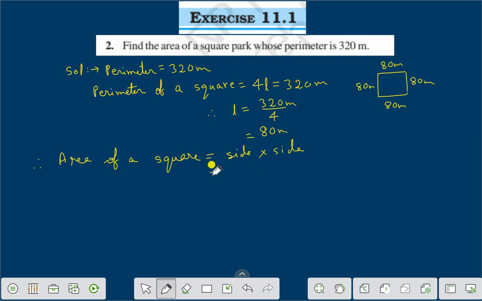Therefore we are getting side is 80 meter into 80 meter, or if we multiply both, it is 64 and 0 0, meter square.